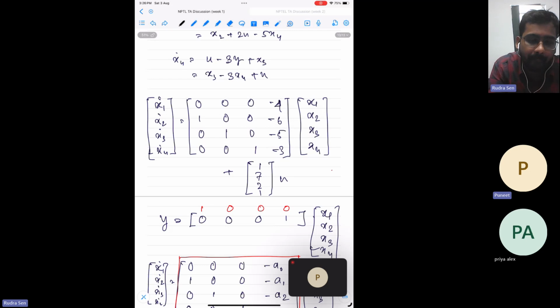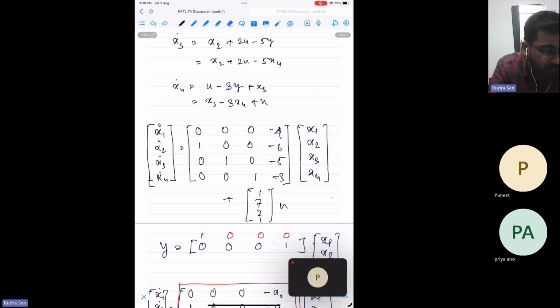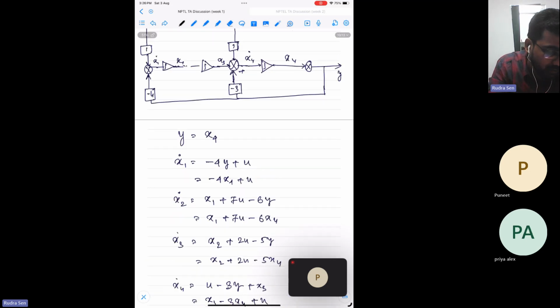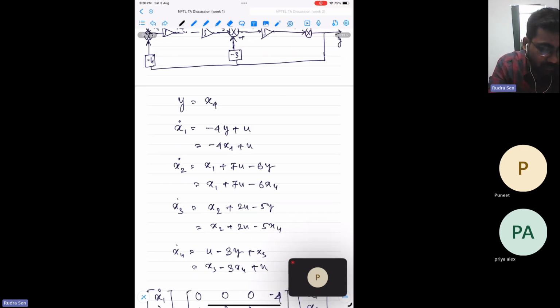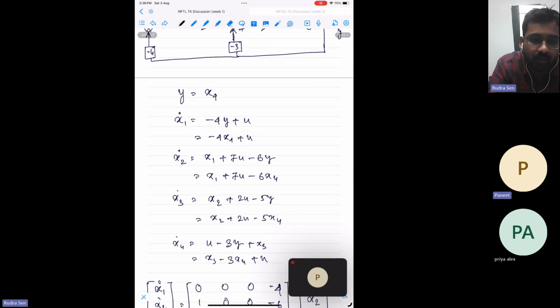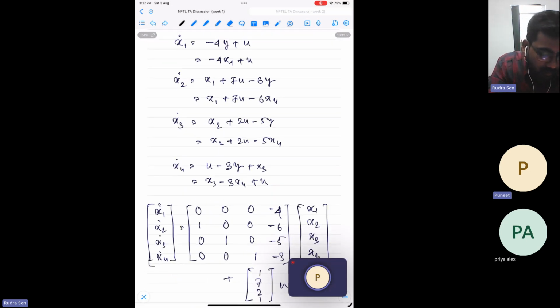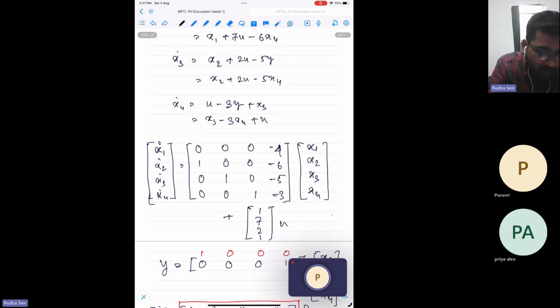Exactly. But here the U is confusing, how to calculate the U, maybe the input. What confuses you basically? Can you please go down, because there is a transposition of C and B you have to interchange.